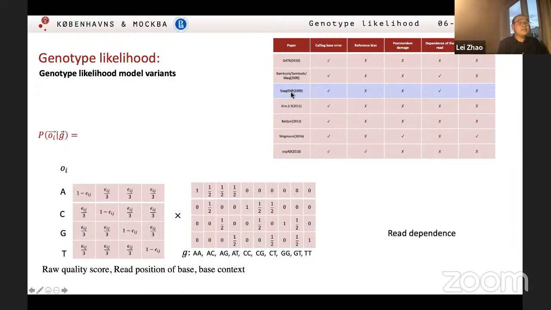And because SOAPsnp also comes from nearly the same group as SAMtools, they also assume some kind of read dependence, but they use different values, not the 0.83 and 0.97 as in BCFtools. They use another set of parameters.